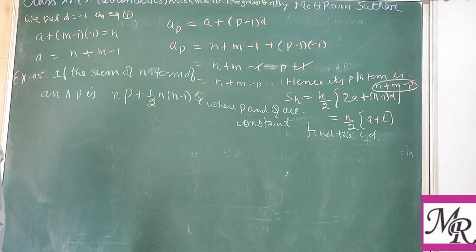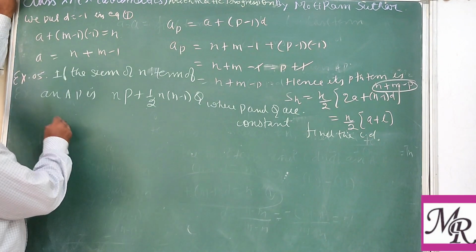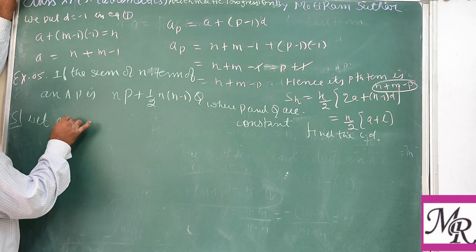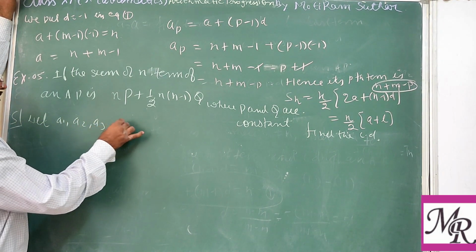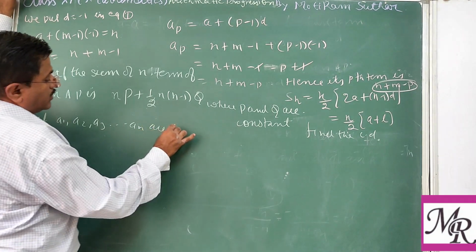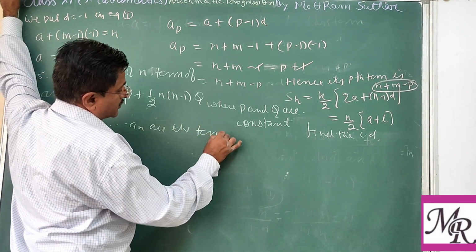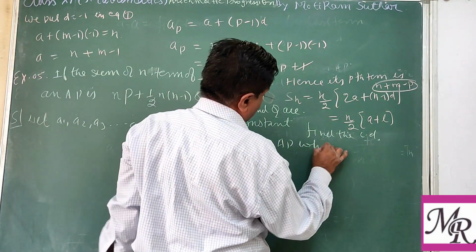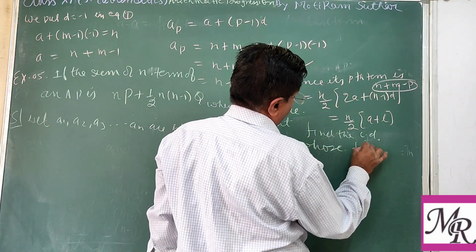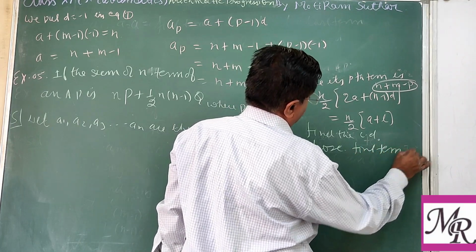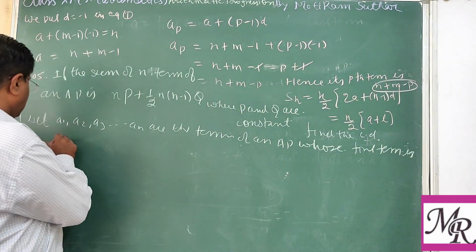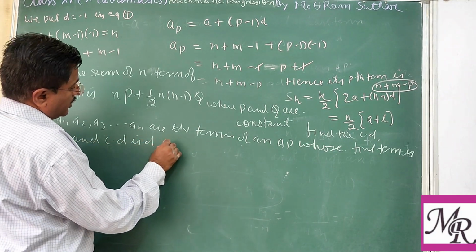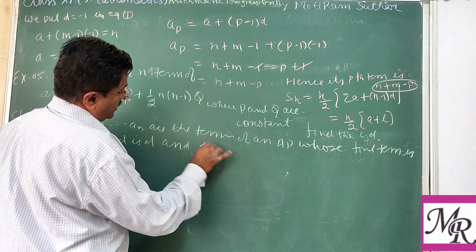So here again, in the solution, let a1, a2, a3, ..., an be the terms of an AP whose first term is A and common difference is D, and Sn is given.